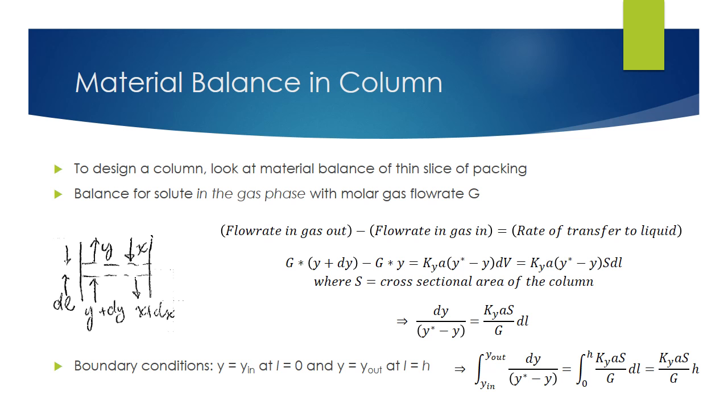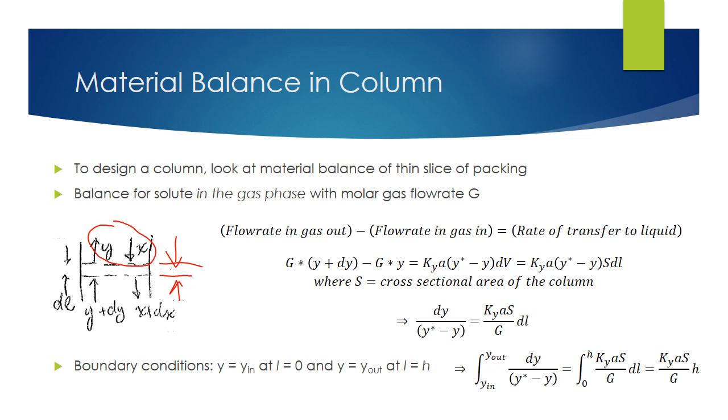And so we can define a thin slice of material. It has a thickness of dl, lowercase l, and that'll just be a thin slice normal to the direction of flow. And we have y coming out of the top of that slice and x going into that slice on top.